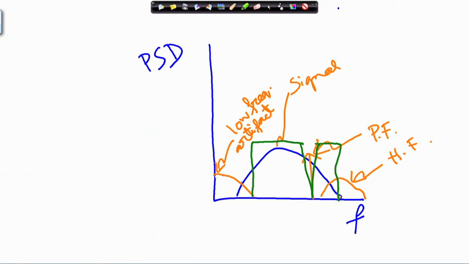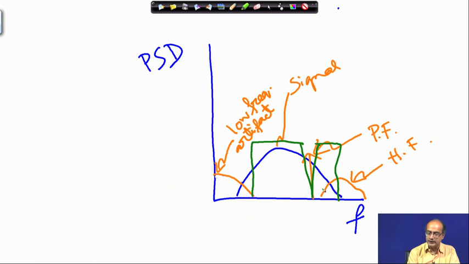So, this could be our filter. Now, here we see there are a number of choices. The first point is that we have tried to have a notch filter to avoid the power frequency hum.